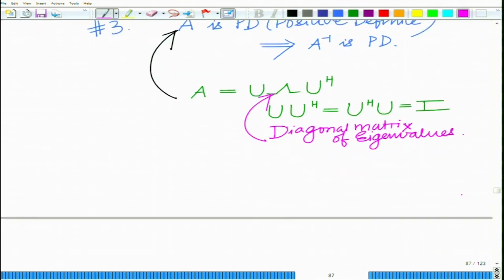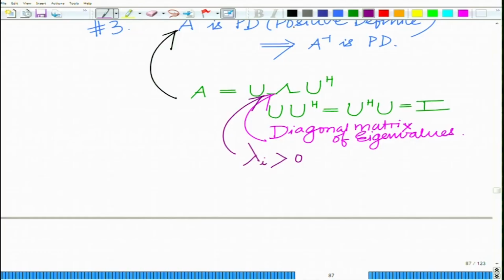And also further, we have seen that the eigenvalues of any positive definite matrix have to be greater than 0. The eigenvalues of a positive semi definite matrix are greater than or equal to 0. The eigenvalues of a positive definite matrix have to be strictly greater than 0. It cannot have any eigenvalues equal to 0.